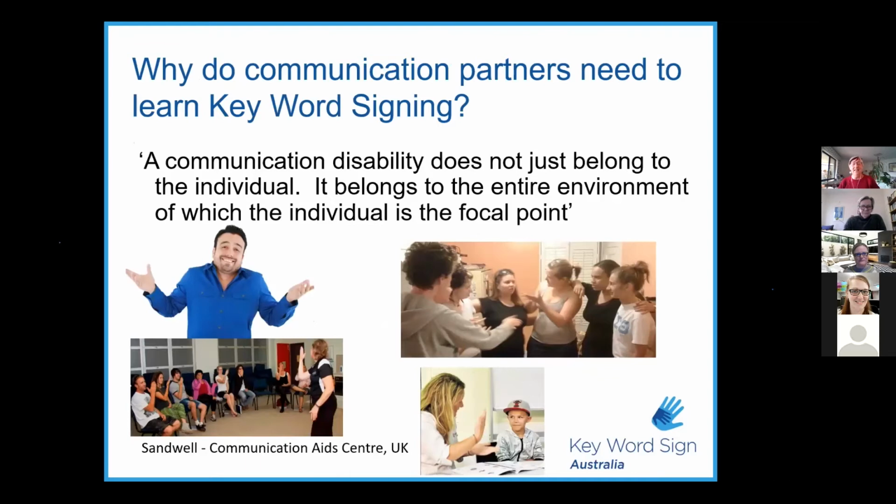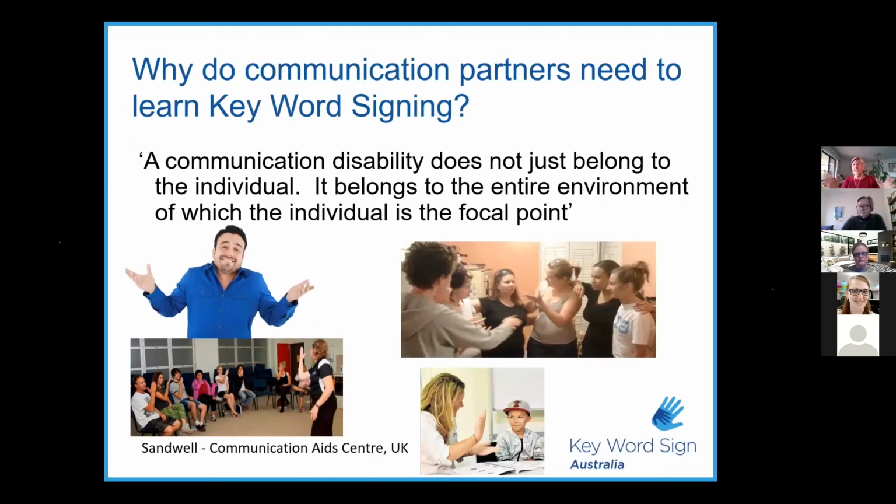So one of the issues around using supports within plans is that a lot of them are very focused on the participant. It's all about providing something to the participant. And that gets challenging when we're talking about providing support for keyword sign, because if you're talking about communication, having a communication difficulty isn't something that just belongs to the individual.